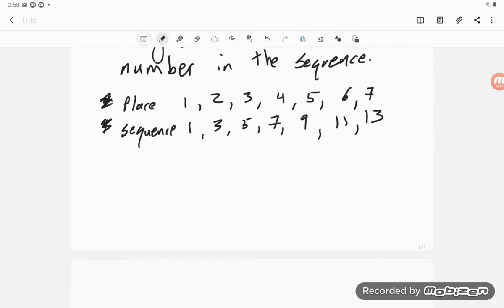Think of it as: we know where we start, and we know how to get the next number. And n is our place.